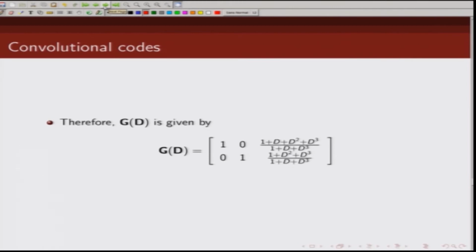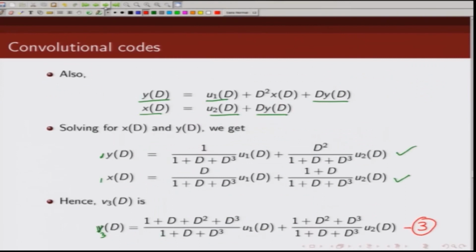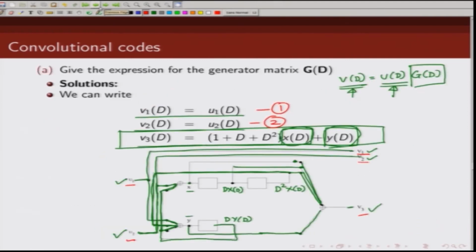So, you can think of it like this. We have 3 outputs v1, v2, v3, and 2 inputs u1, u2. So, we are writing v1d, v2d, v3d in terms of u1d, u2d and this G matrix. What is v1d? v1d is u1 of d.